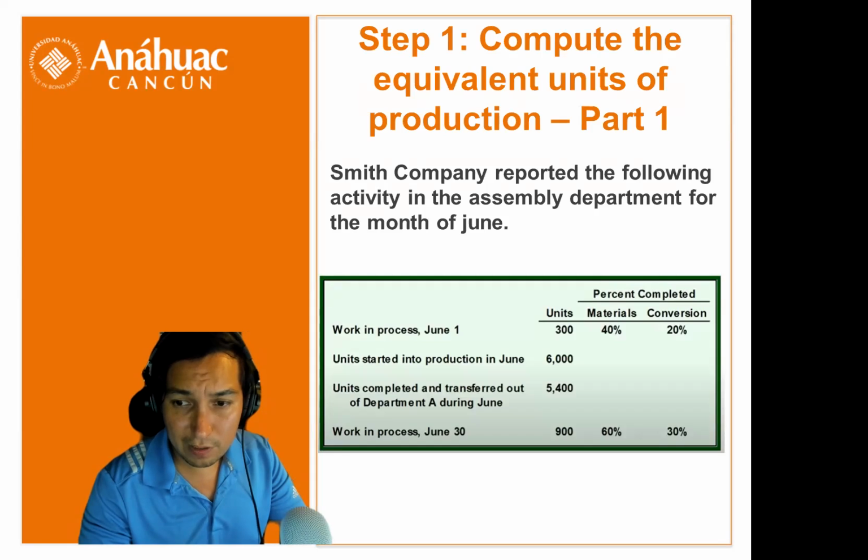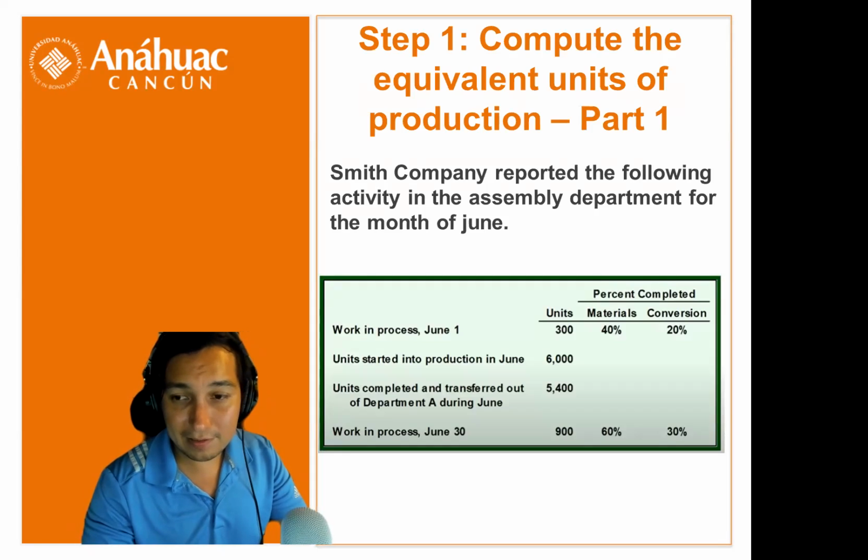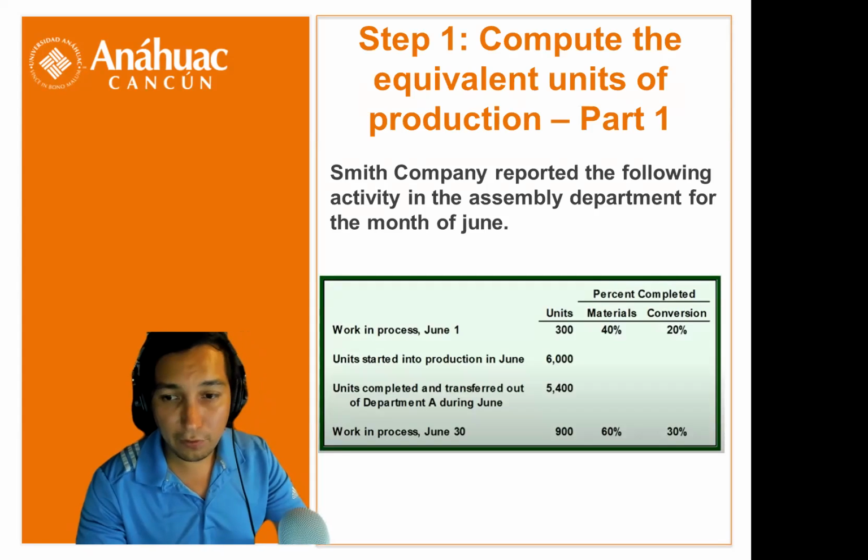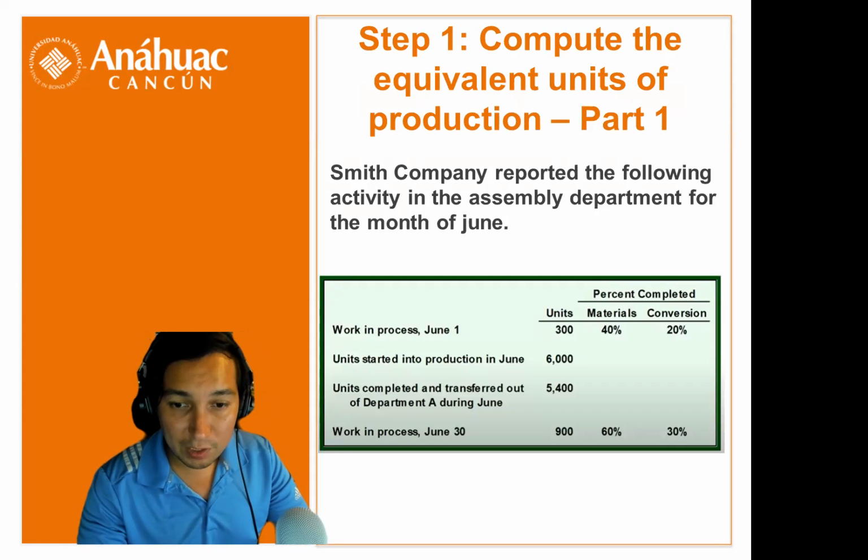As we do step 1, we're looking at Smith Company as our example, and they reported the following activity in the assembly department for the month of June. We have our beginning WIP, which is 300 units, 40% complete for materials and 20% complete for conversion.